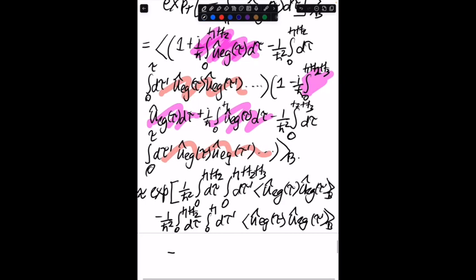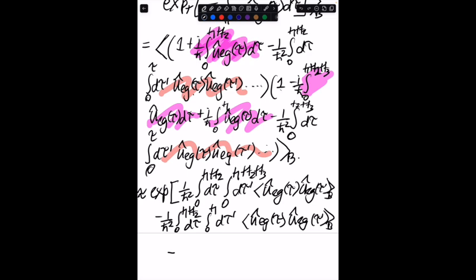So I'm gonna skip a little bit here and note that you take the expectation with this term and then you take the expectation with this term. So essentially what you're trying to do is the expectation of this multiplied by 1, and then the expectation of 1 multiplied by this. That's what I'm trying to do here. So I'm just trying to collect all the second order terms from the product, right?